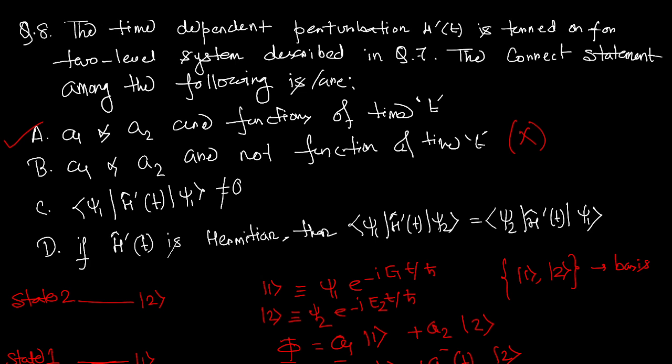So in this case, this term psi 1 ht psi 1 must be 0. So this equation is also incorrect.